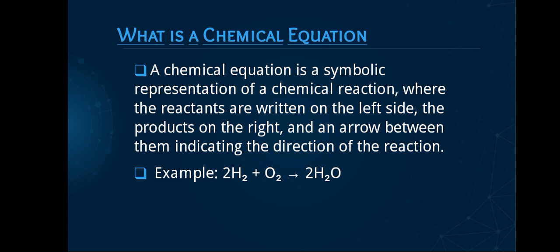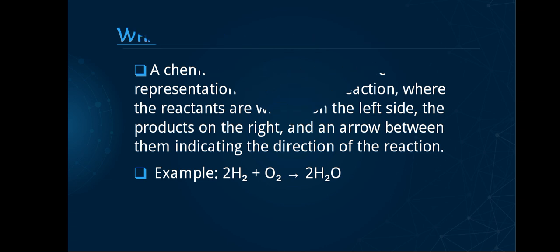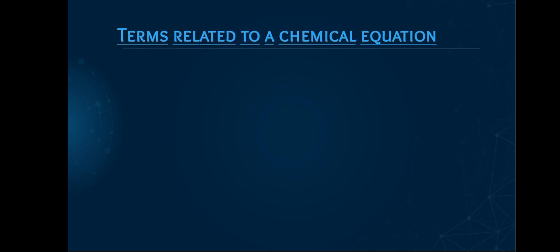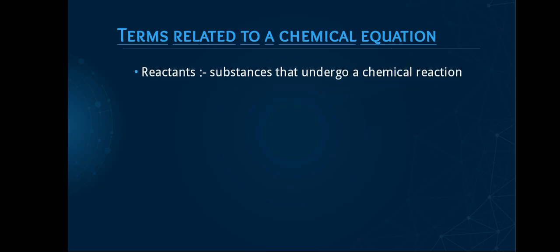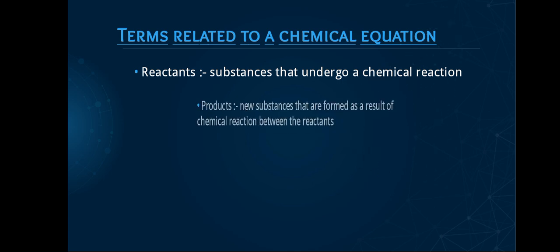Now let's see an example of a chemical equation. The example of a chemical equation is 2H2 plus O2, which means two hydrogen molecules combine with an oxygen molecule to give two water molecules. Now, terms related to a chemical equation. First, reactants. These are the substances that undergo a chemical reaction.